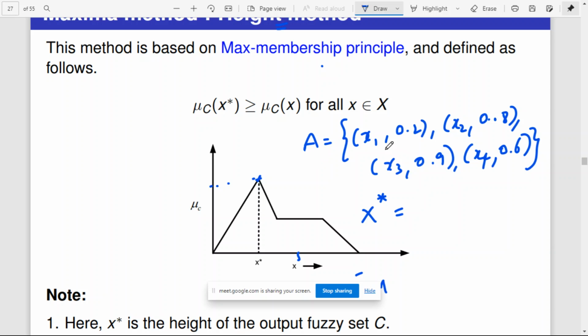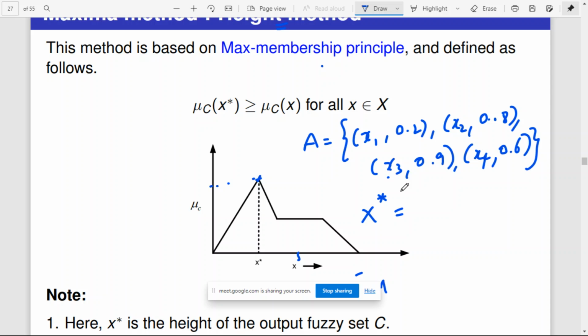In this example, for which x is the membership value maximum? Here for x3 the membership value is maximum.